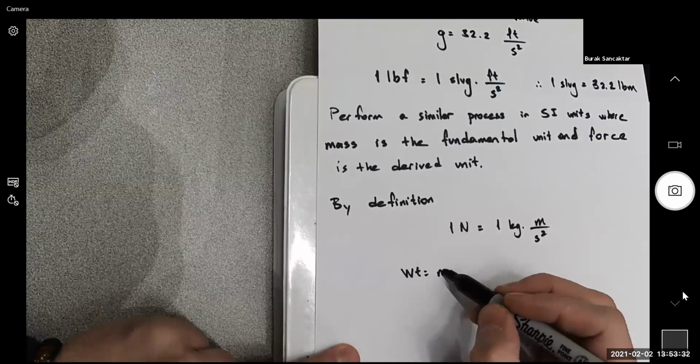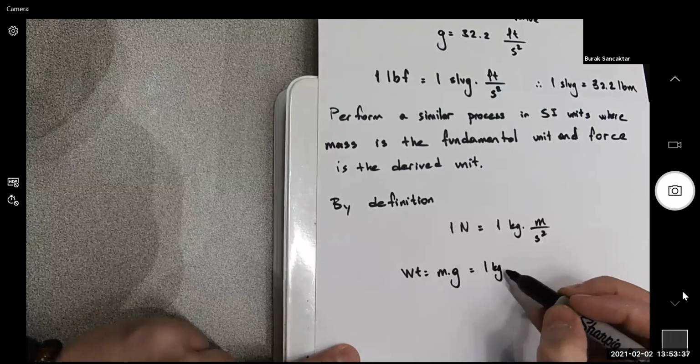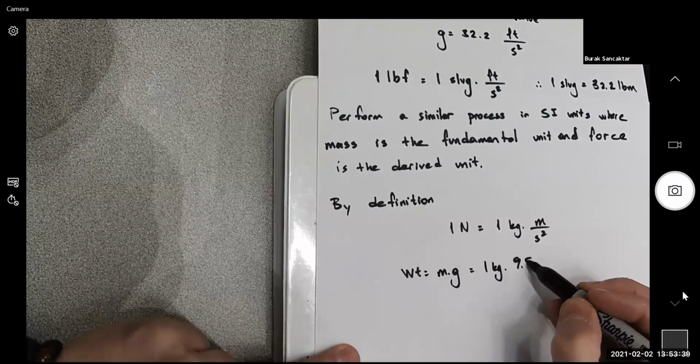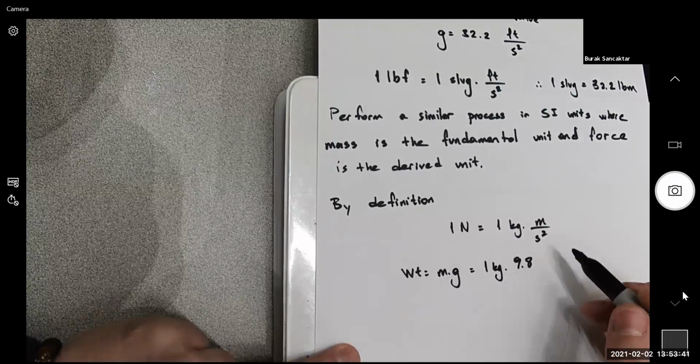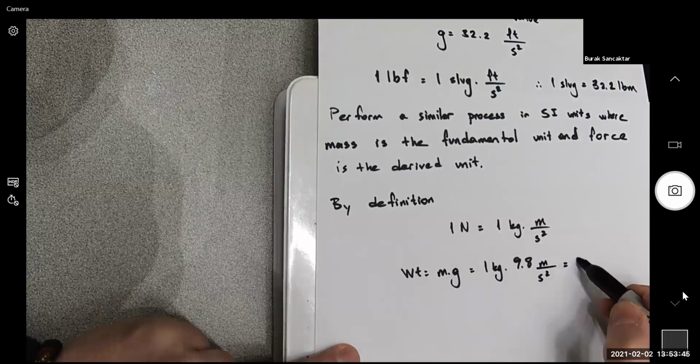Weight in this case will be mass times gravity. Let's say I have 1 kilogram. Gravity is approximately 9.8 meters per second squared, and it will be 9.8 Newton.